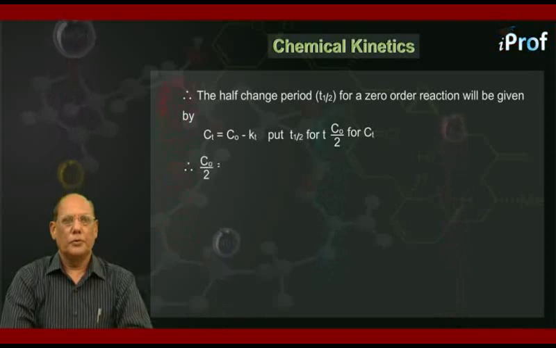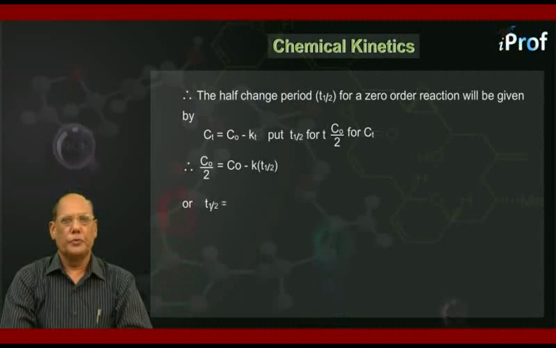Therefore, C0 by 2 equal to C0 minus K into T half, or T half is equal to C0 upon 2K. Therefore, T half is proportional to C0.